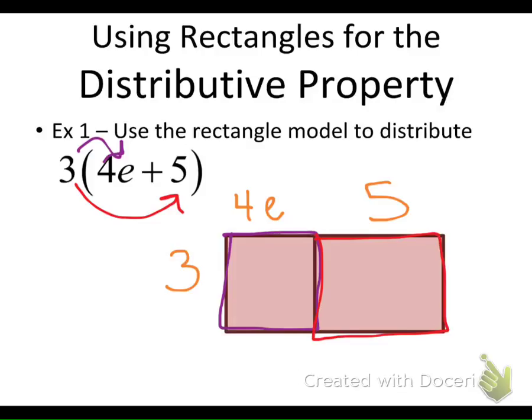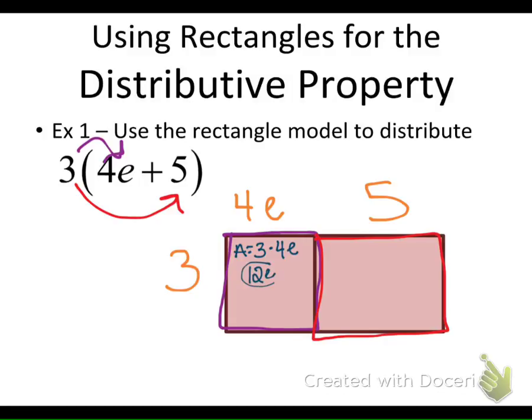Okay. So in my first box, what is my width? Oh, sorry. I meant my height. We always do the height times the width. What's my width? 4e. So my area for this rectangle is going to be? 12e.